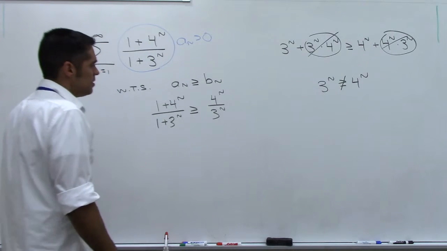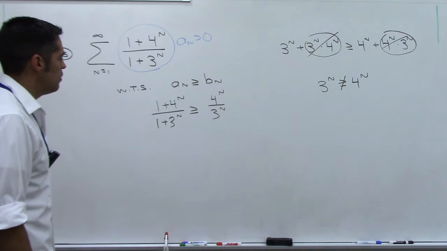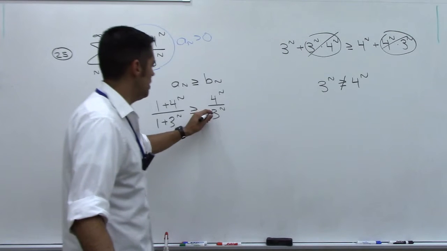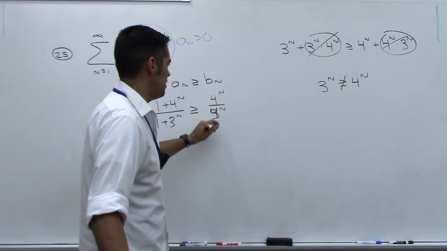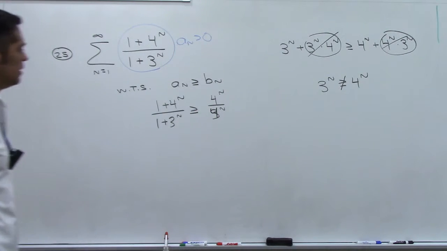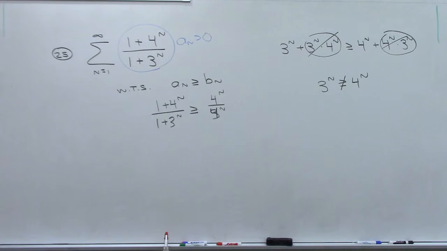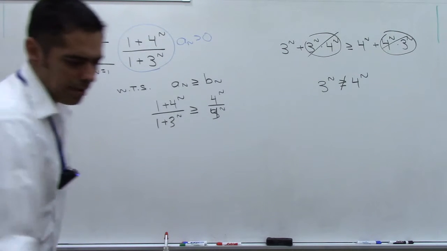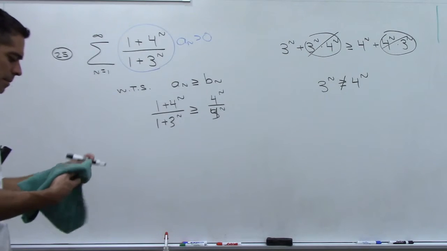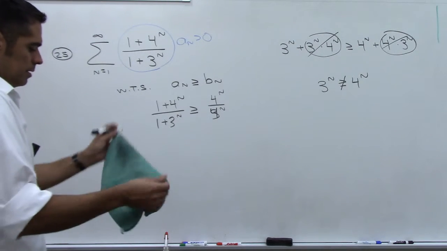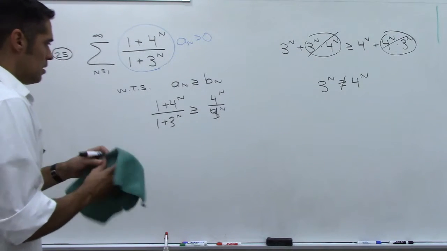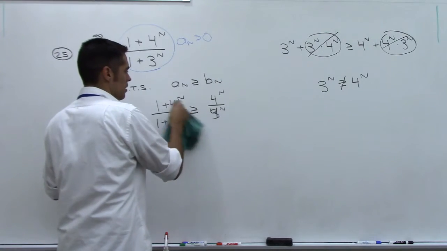So maybe instead of using 3 to the n, I use 4 to the n down here to make this side bigger. And so this is such a great problem to show you something. I see how I'm going to do it, but I'm going to continue with this logic of trying to make this side bigger.